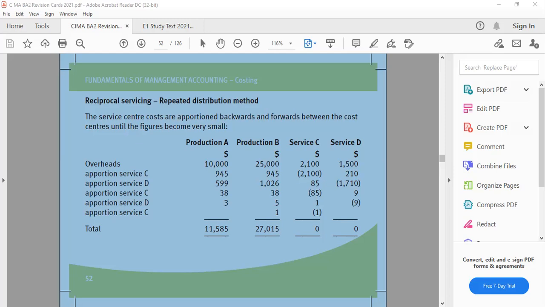So what do we see here? The amount is 1,710 into 35 percentage, 35 by 100. Then we see is equal to 1,710 into 60 by 100.